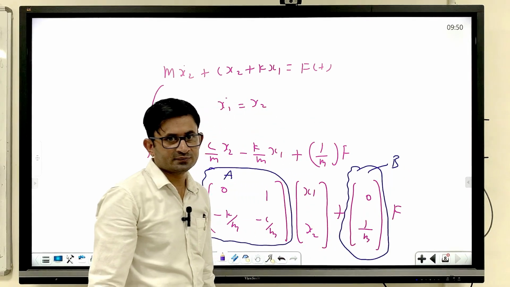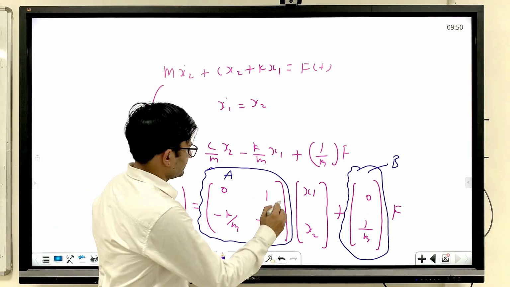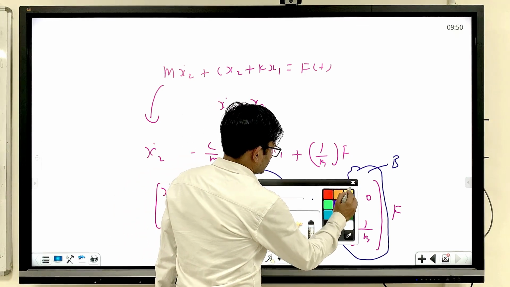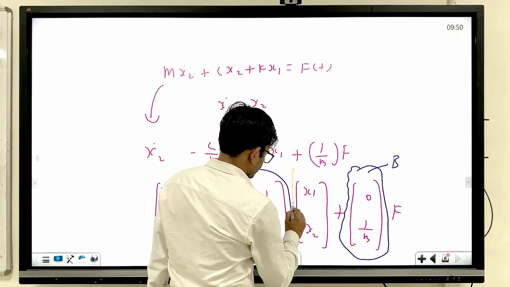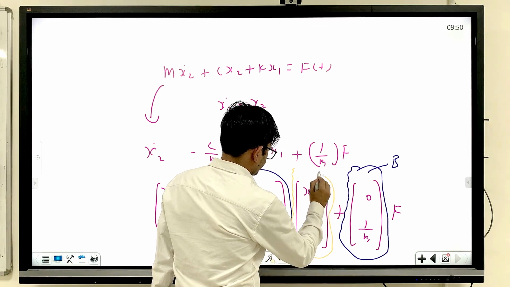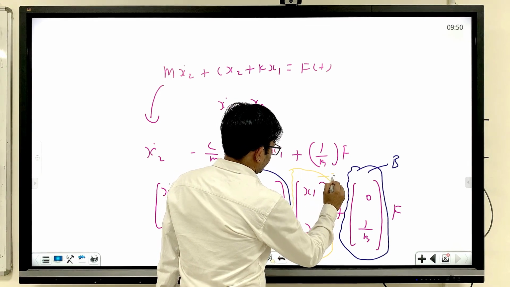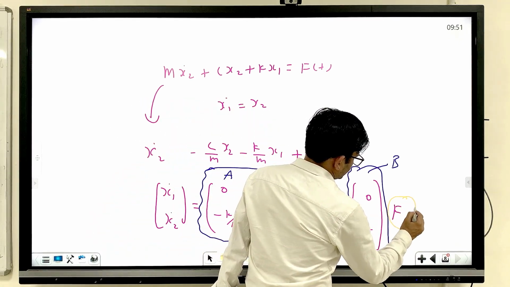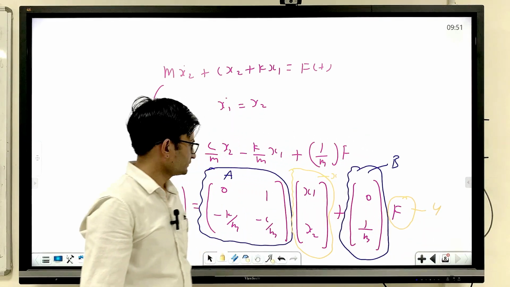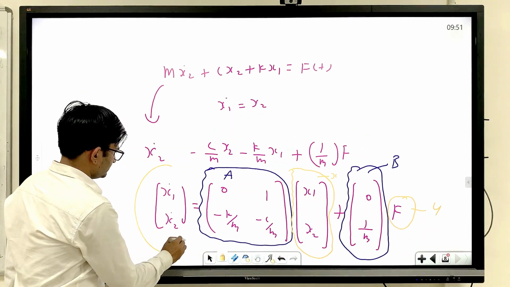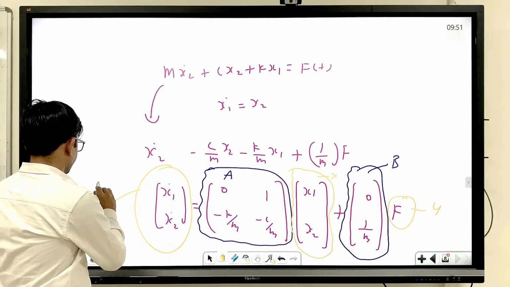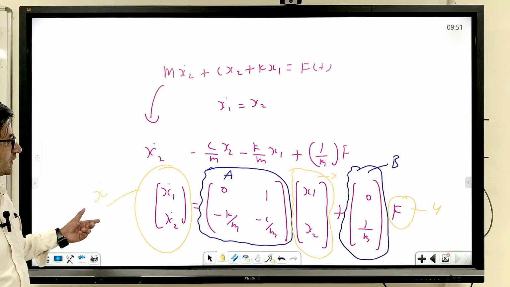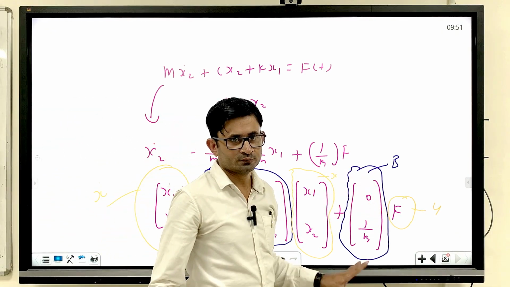B matrix. And this part? X. This part? U. And this part? X dot.